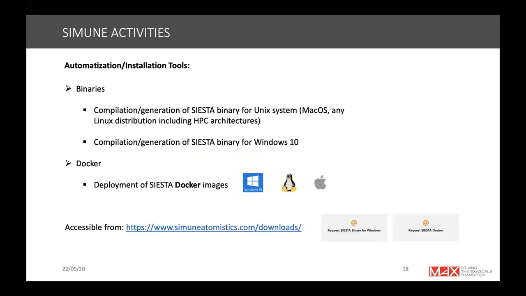I also want to tell you that in Simune we have generated binaries for Unix and Windows systems. We also have Docker images for Windows, Linux, and Mac, all of them accessible from the Simune webpage. So you can request the Siesta binaries and Siesta Docker.